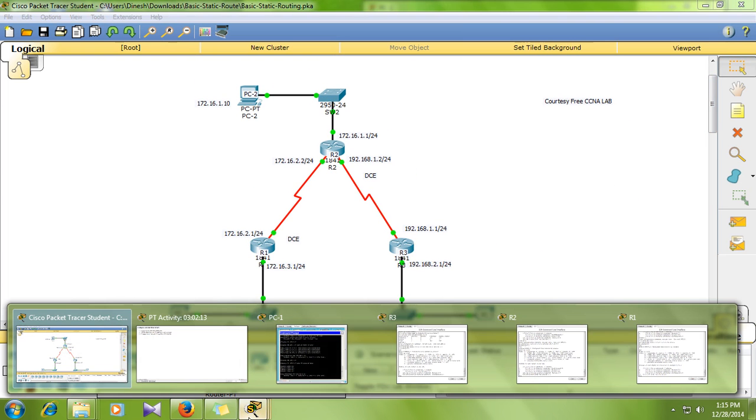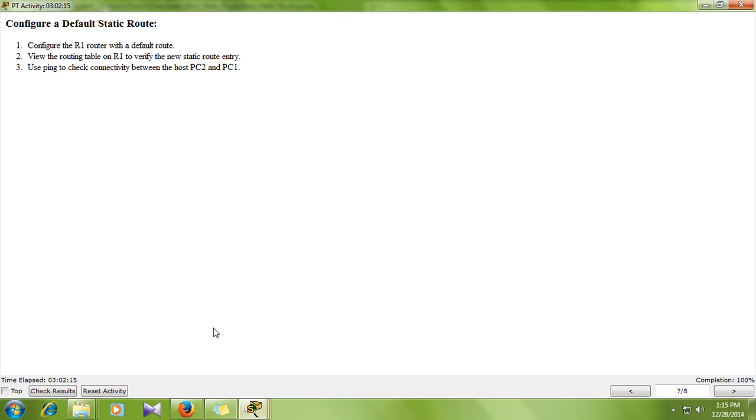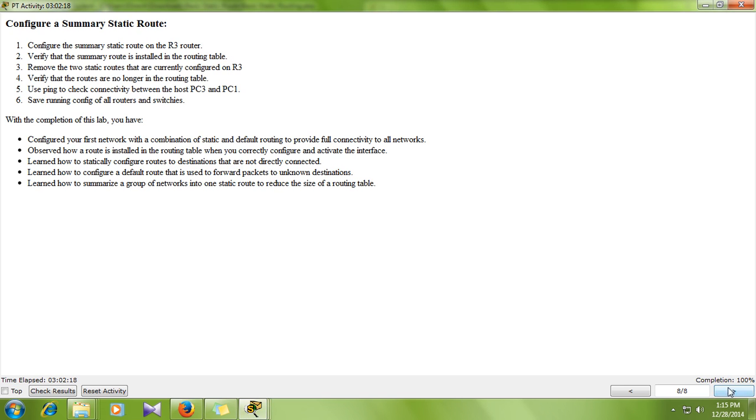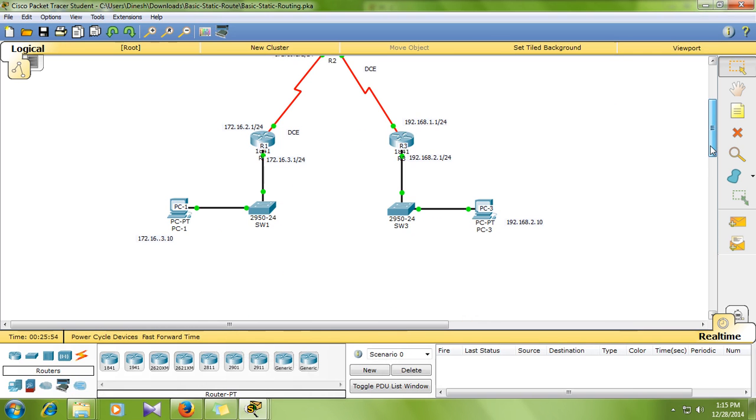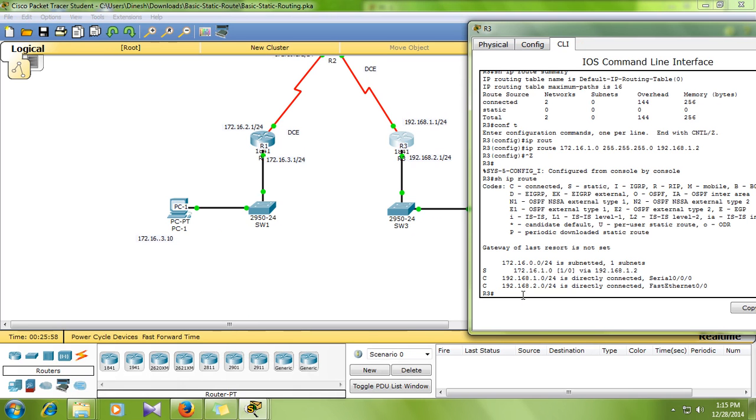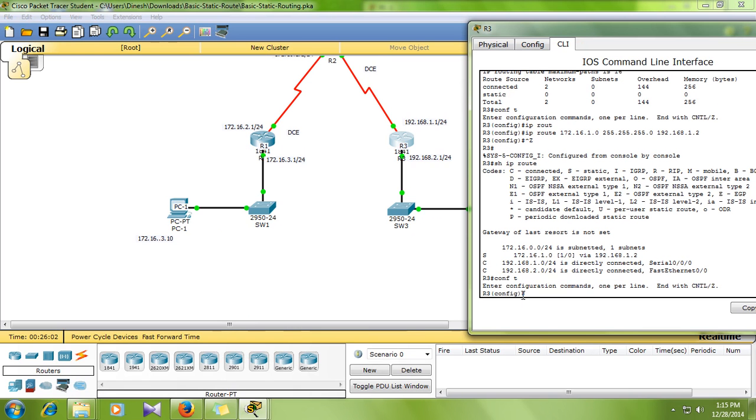On R3, we are going to configure a summary static route. But before the summary static route, we will do one thing. We simply configure a static route to reach our PC1 network, 172.16.3.0 255.255.255.0.